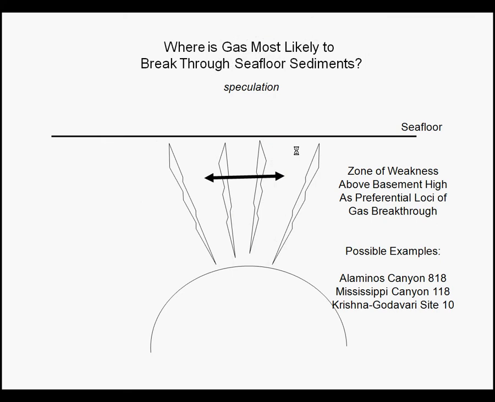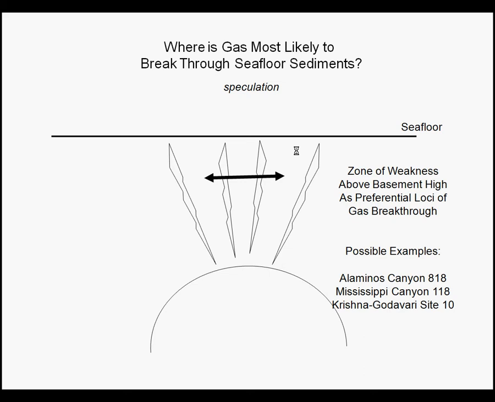This is a cartoon of what we believe this site looks like. It is above a topographic high, a more deeply lying intrusion, and that creates a zone of weakness in the unconsolidated seafloor sediments above it.